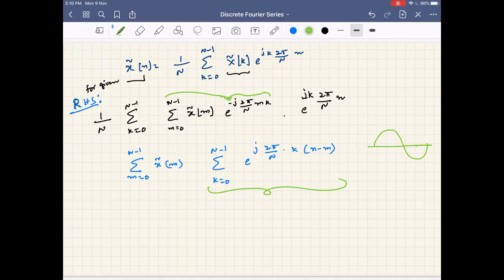It can be shown that it is equal to capital N times delta of n minus m.